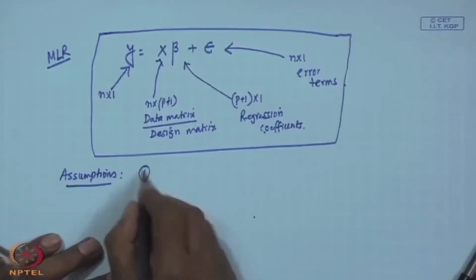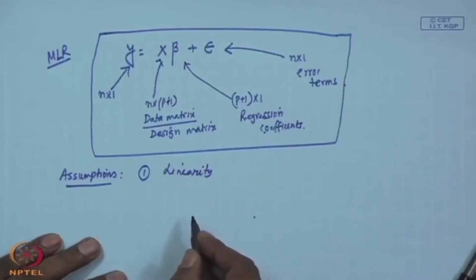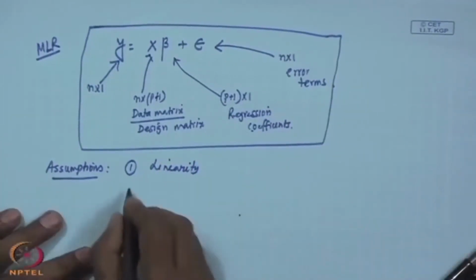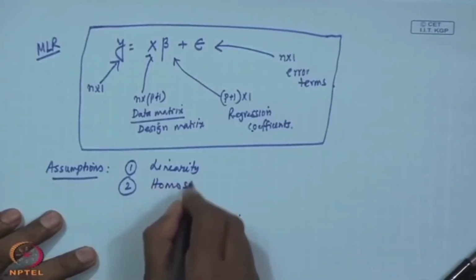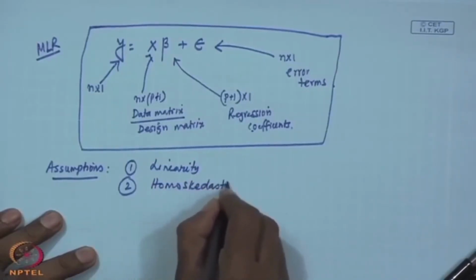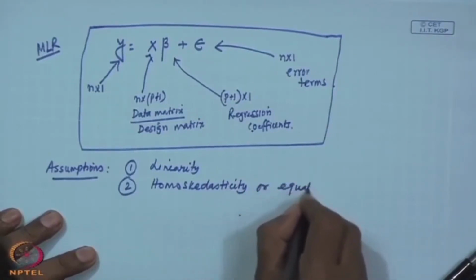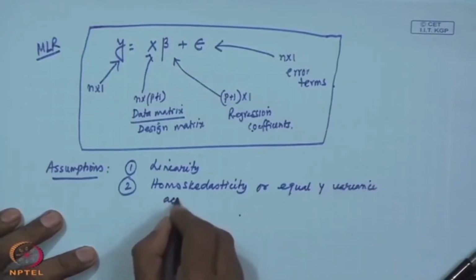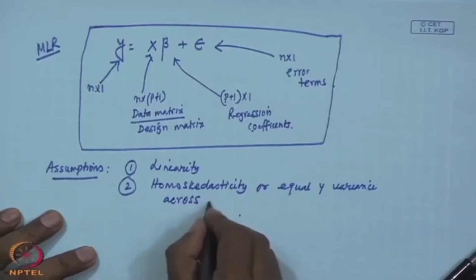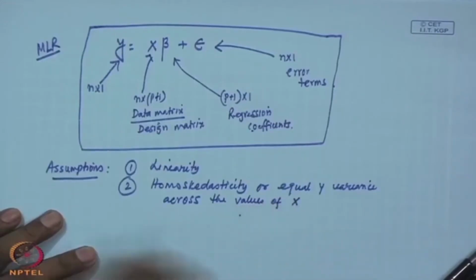First assumption is linearity, that is, linear relationships. Second assumption is homoscedasticity, or we say equal y variance across the values of x, otherwise you can say IVs, different observations of IVs.